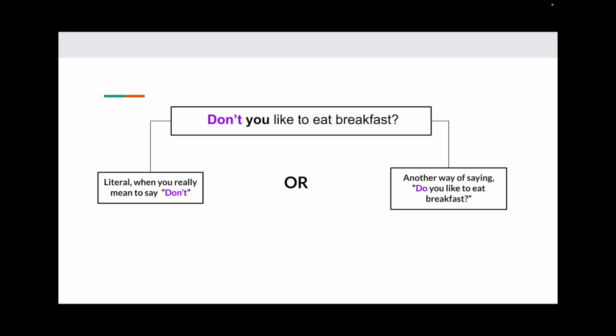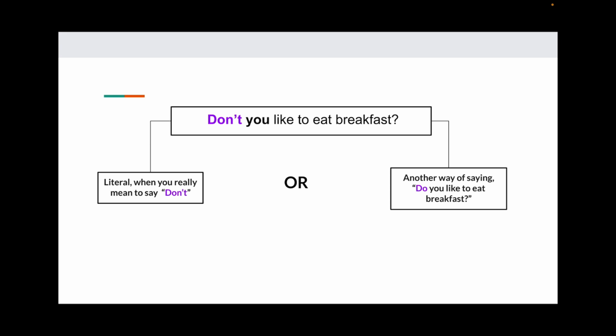When someone is shocked, surprised, or even confused about something, let's say they ask you if you eat pancakes and you say no, they might be confused or surprised and say, don't you like to eat breakfast? When they really mean, do you like to eat breakfast?